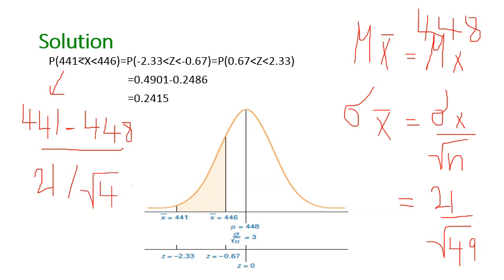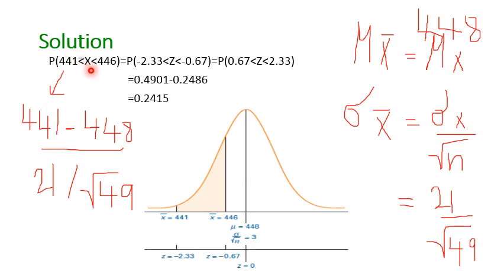Okay, I will do the same thing on the right hand side of the inequality. So from this 446 I will subtract 448, the mean of x bar, and divide by the standard deviation of x bar, which is 21 over square root 49.